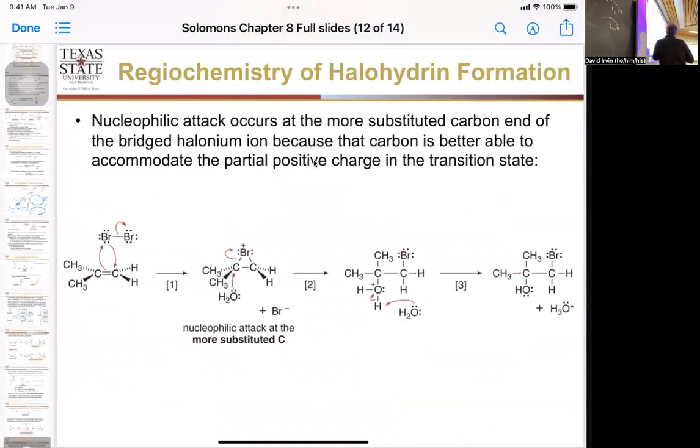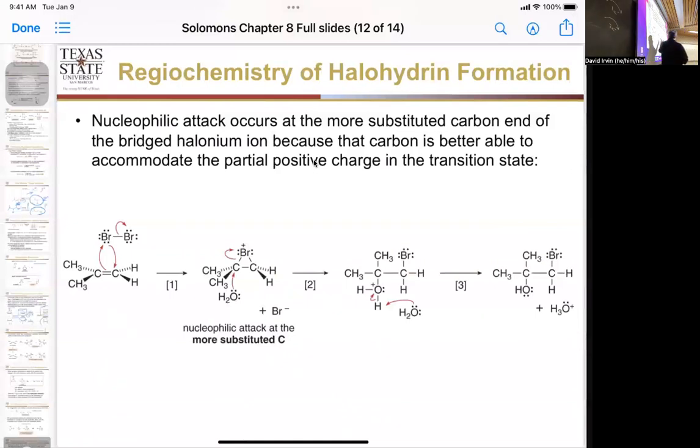So this is kind of describing why. If you have this carbon here, you're going to have a polarized bond between the carbon and the bromonium cation. And you're going to have a polarized bond here. But of the two carbons, only the one that's more substituted can support more of that positive charge, meaning it's more electrophilic, meaning it's more likely to attract the nucleophile.